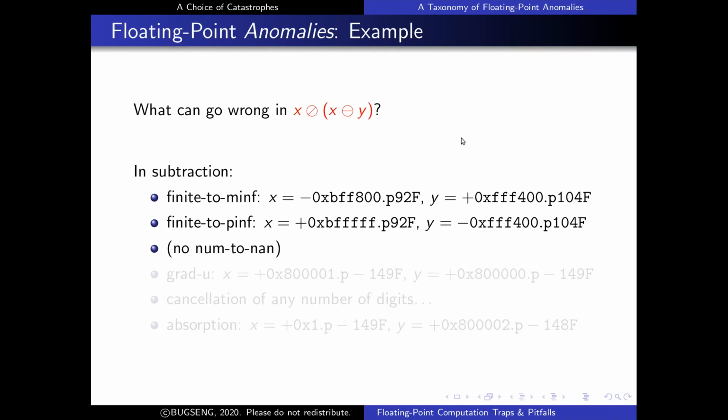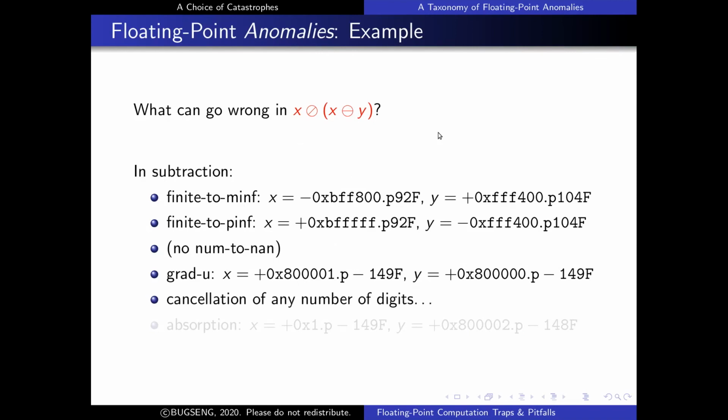The numeric to not a number transition is not possible in this subtraction. This is good. We can have gradual underflow. Here we have two normalized numbers. When you subtract them, you obtain a subnormal. We can have cancellation of any number of digits. It's trivial to find examples of this. And we can have absorption. Here it's a case of absorption in which the difference is equal to x.